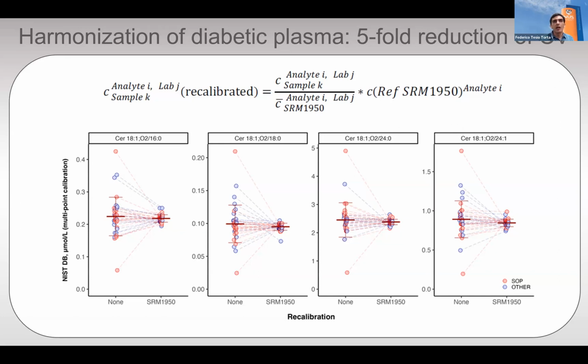This has to be tested further with many more studies and many more different plasma matrices, but it seems to be quite an effective procedure to really harmonize results between many different labs.